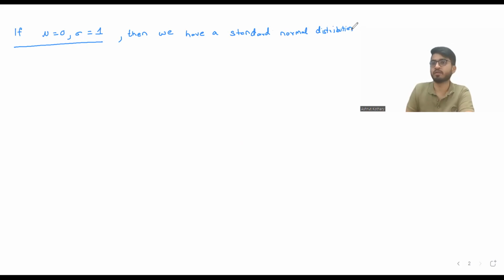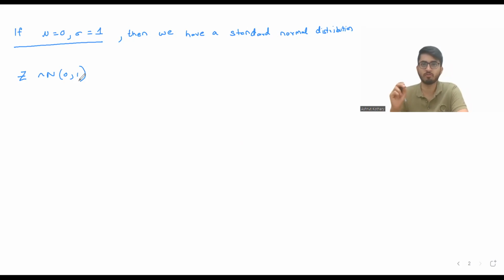And the usual way to denote it, keep this in mind, is Z. A lot of times when you see a Z random variable, if nothing else is mentioned, by definition Z is used to represent a standard normal distribution where the mean is 0 and the variance is 1.